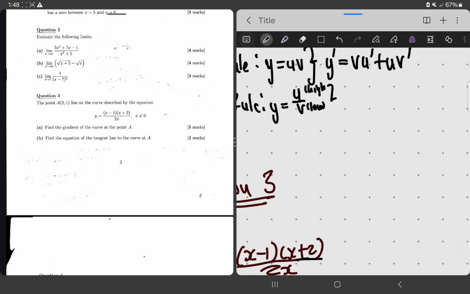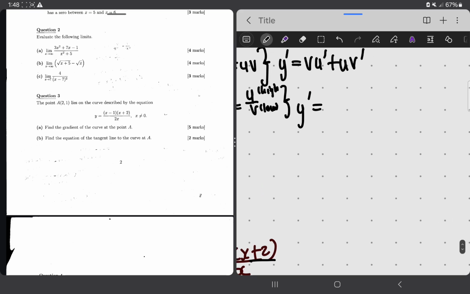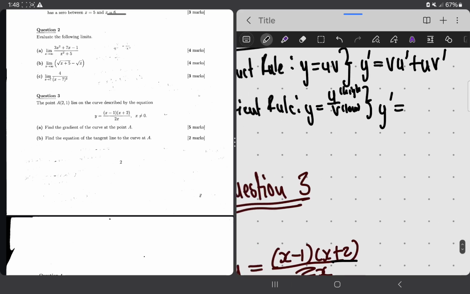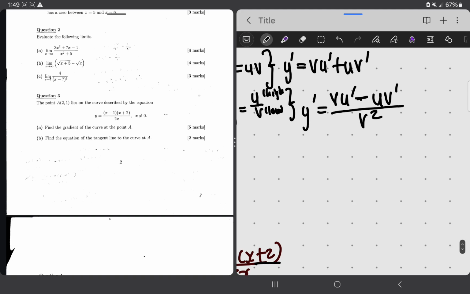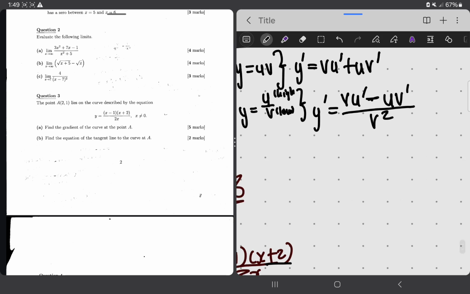To get y prime, don't forget our national anthem for this quotient rule: low d high minus high d low, over square the bottom. That is, v times u prime, minus u times v prime, all over v squared. Say it over and over again. You must know this. Don't ever forget it.